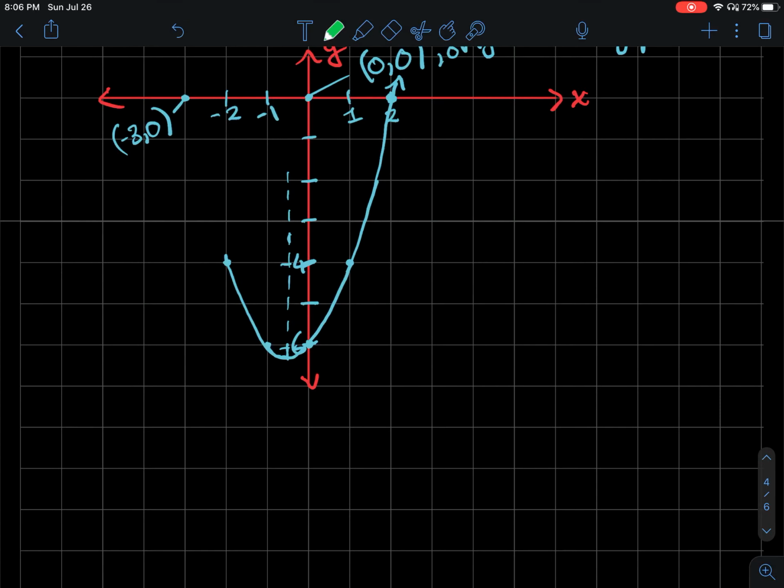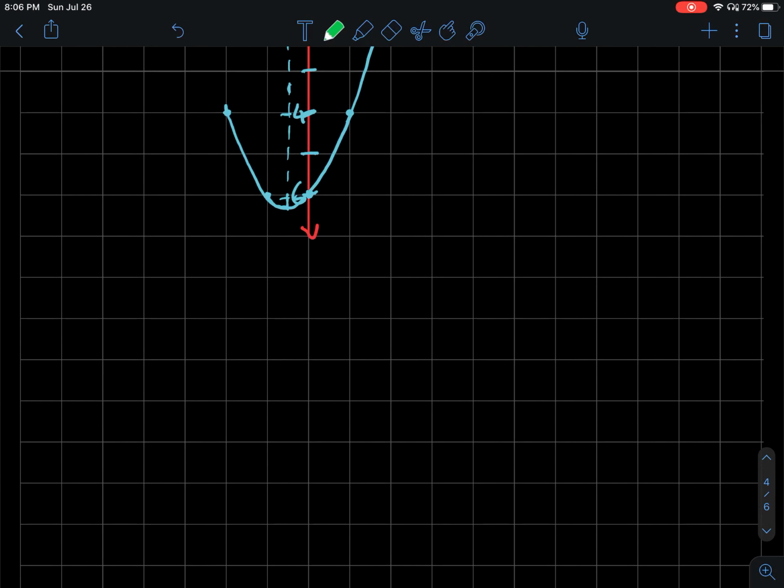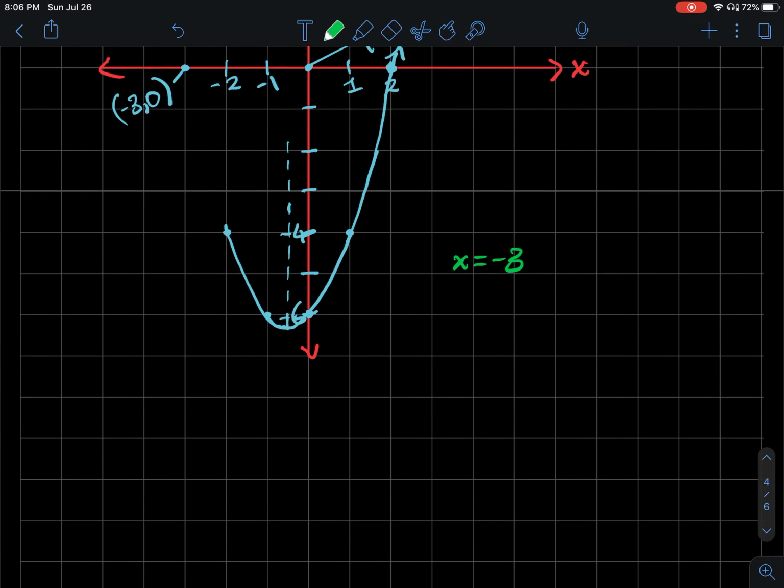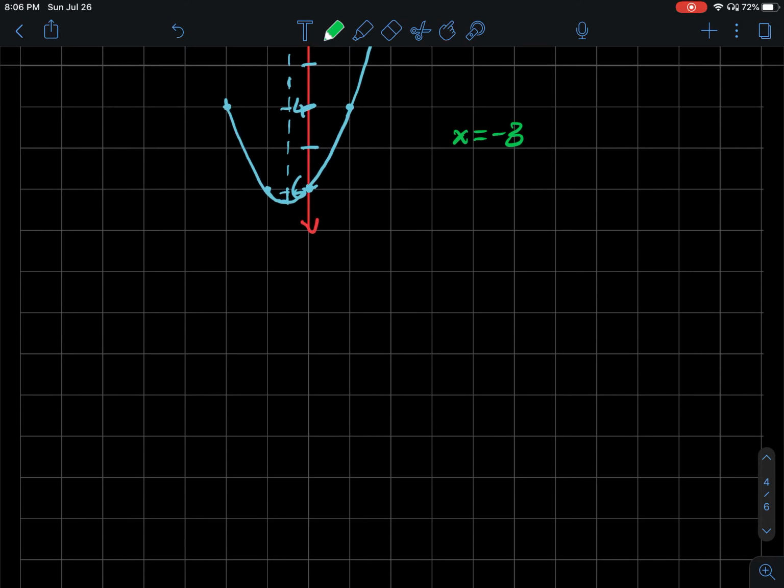Well, how do you prove if this point is on the graph or not? Well, just see this. If you let x equal -3, and you plug it into the equation, and you get 0 for y, then it means this point is on the graph. If you get something else, then it isn't. So let's try that.